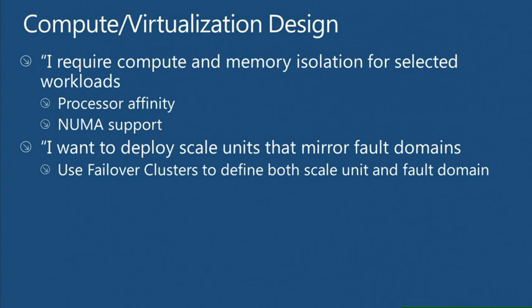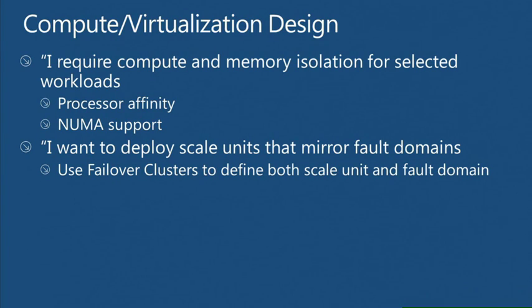So if we want to do this, we could use failover clusters. In the past, if you're a Windows person or a Hyper-V person, you probably thought, well, I need live migration, right? And the boundary for live migration in the past was a failover cluster, so if you wanted to do live migration, you had to have a failover cluster. In Windows Server 2012, you can do live migration, you can use storage migration, and you don't have to have a failover cluster.